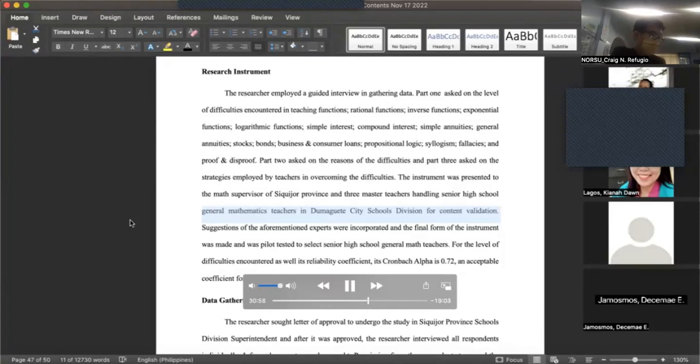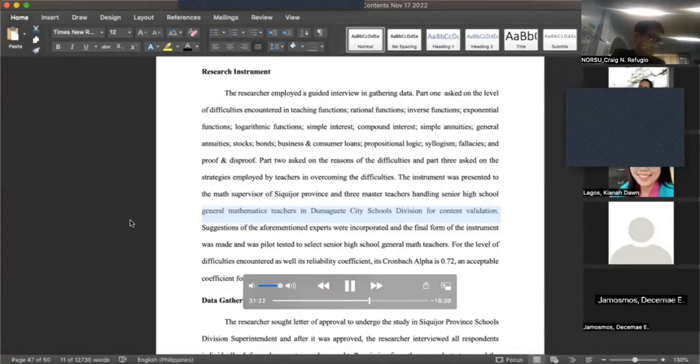And another one, aside from readability and understandability? Another reason for having pilot testing is to see how long it will take to administer the questionnaire, the time of answering, sir.